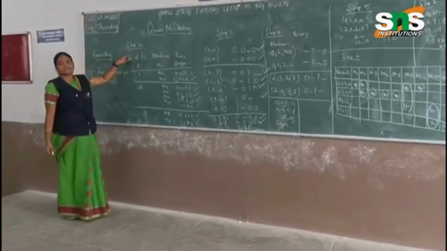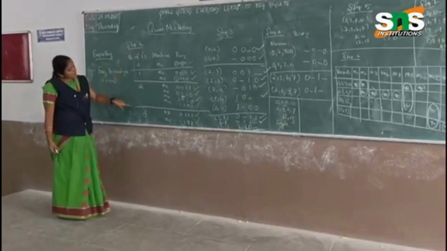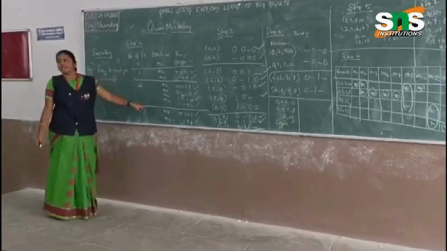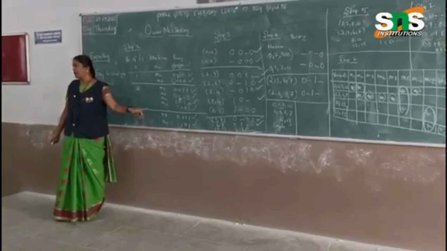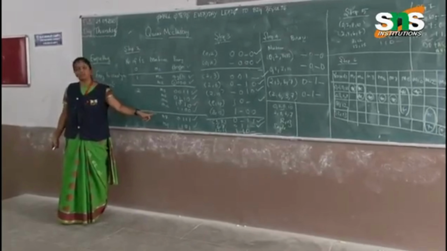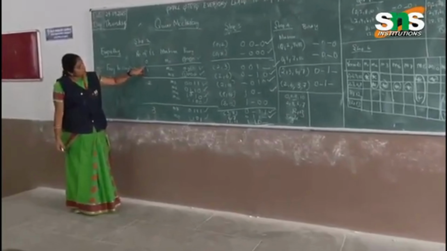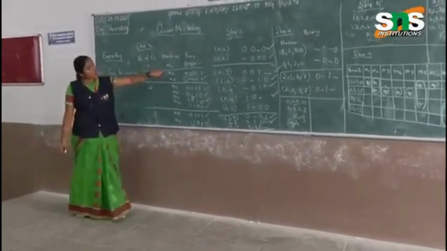So this is your step 2. Here we have arranged the minterms according to the number of ones. For 0 there are no ones: minterm m0 is 0, 0, 0, 0. Next is number of ones equal to 1.